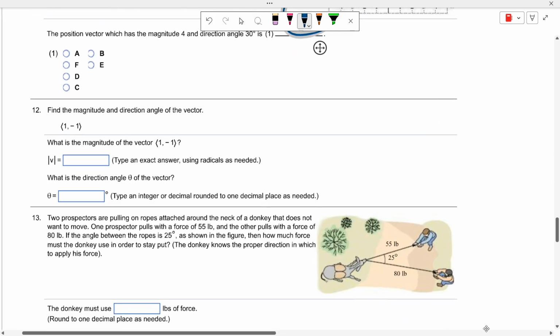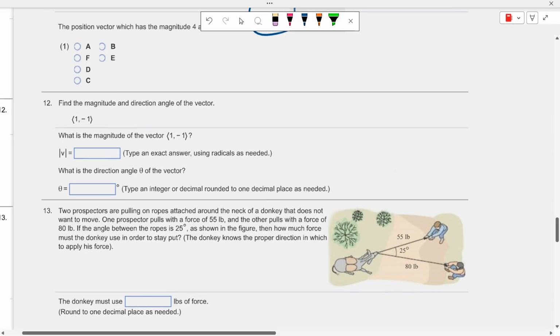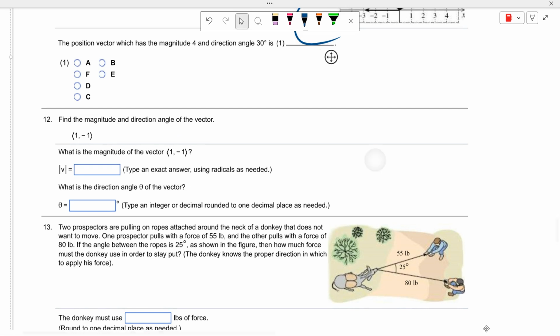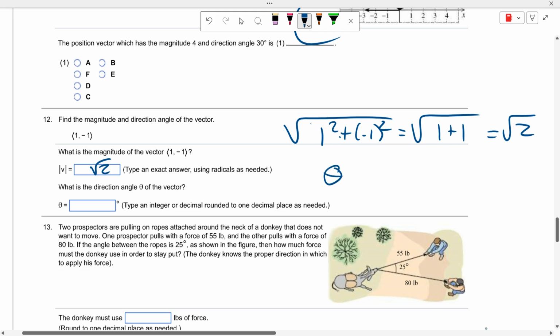Magnitude and direction of this vector. The magnitude is the square root of 1 squared plus -1 squared, which is the square root of 1 plus 1, which is the square root of 2. So our angle theta equals the inverse tangent of y over x, but I tell you to just use positives.